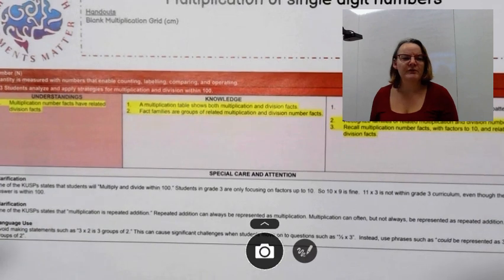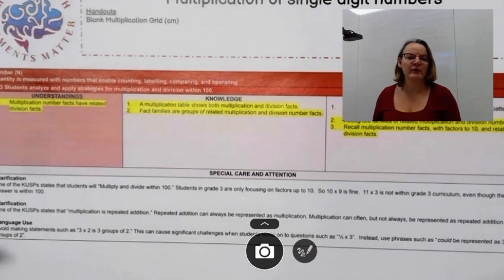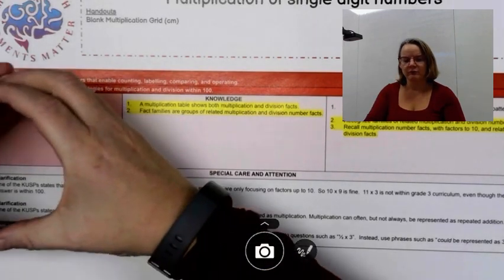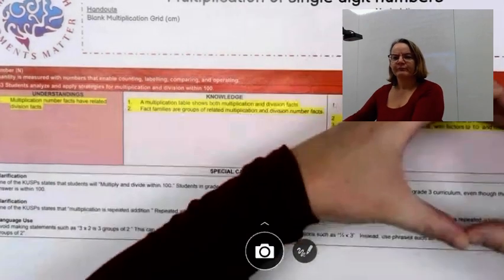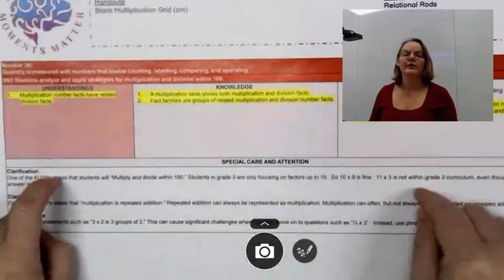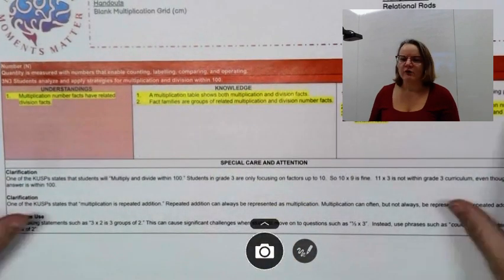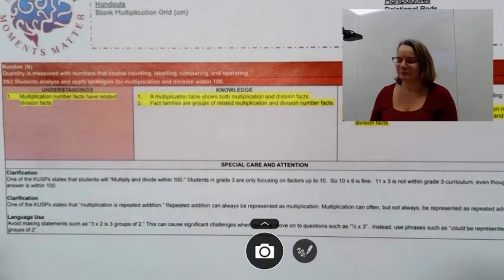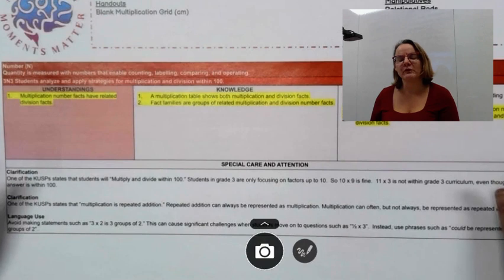The third piece I'd like to bring to your attention is the language use. So often we will say 3 multiplied by 2 means 3 groups of 2. And what that does is put students in the frame of mind of drawing 3 circles and then 2 dots in each circle and then counting the dots to find the answer of 6. So we're getting back to a count all, maybe some skip counting, to solve a multiplication question.